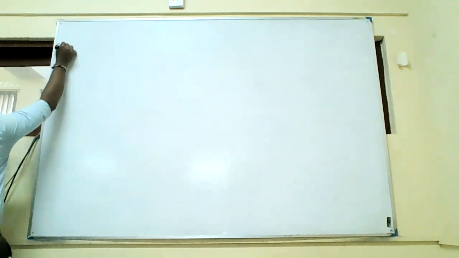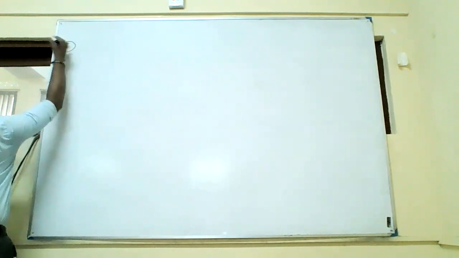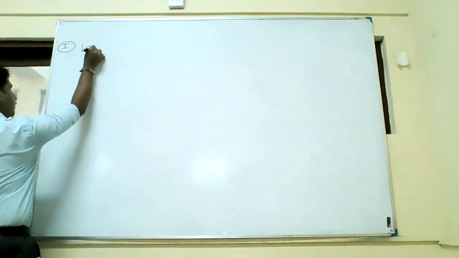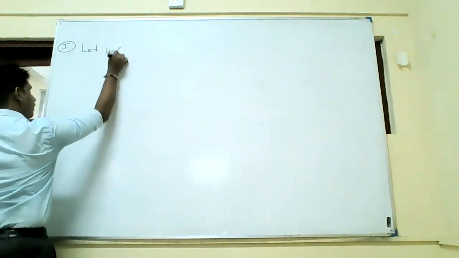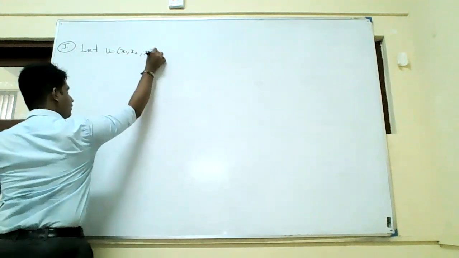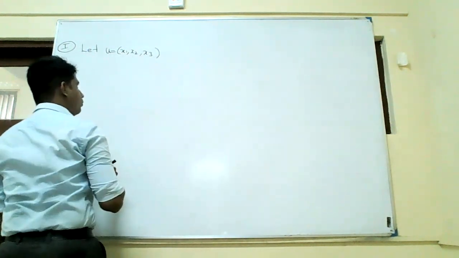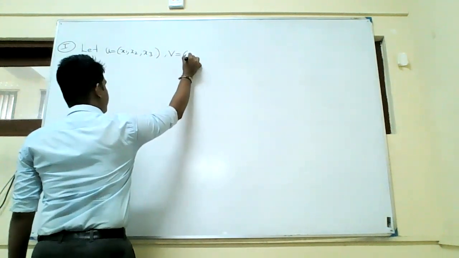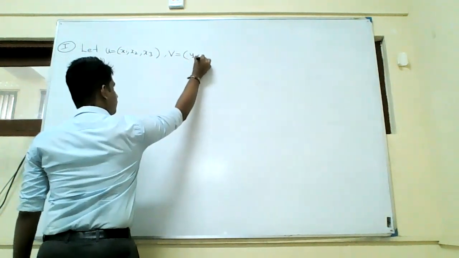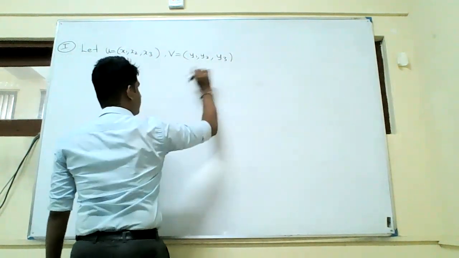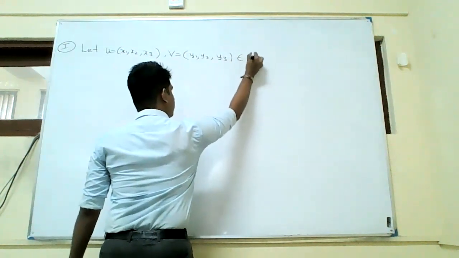First axiom is the closure property of addition. For this, you take two vectors, let u equal x1, x2, x3 belonging to R cube, and v another vector y1, y2, y3, both belonging to R cube.